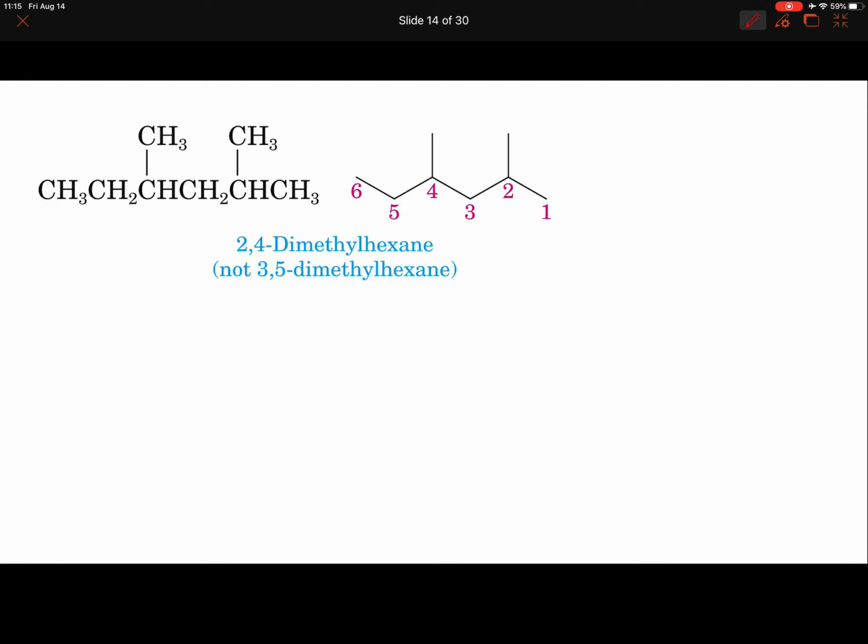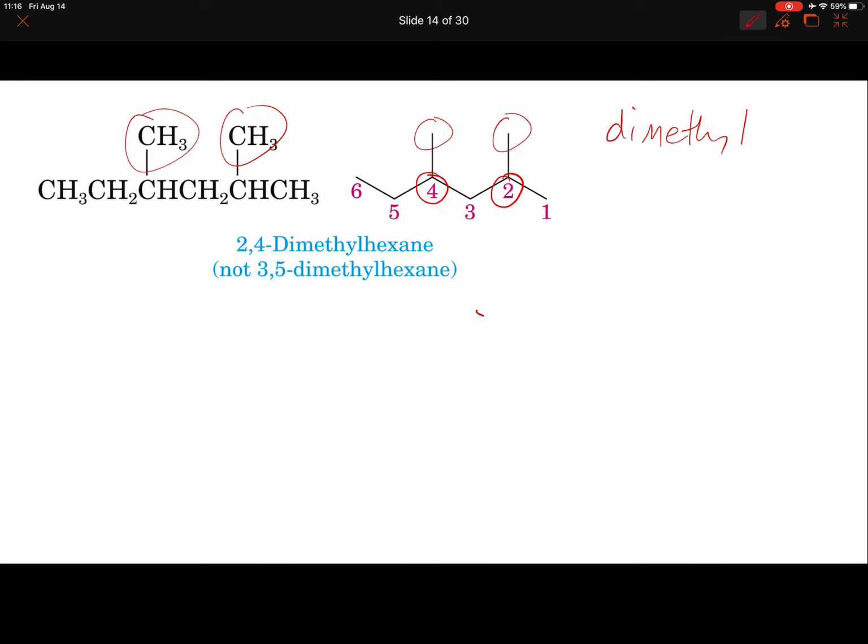You indicate the number of times the substituent occurs by giving it a prefix, like di, tri, tetra, penta, hexa, and so on. So in this case, we have 2 methyl groups. So that would be a dimethyl. Everything else is still the same. I apologize. We have to actually mention where those 2 numbers are, and we separate them with a comma. So in this case, it's going to be 2,4-dimethylhexane.